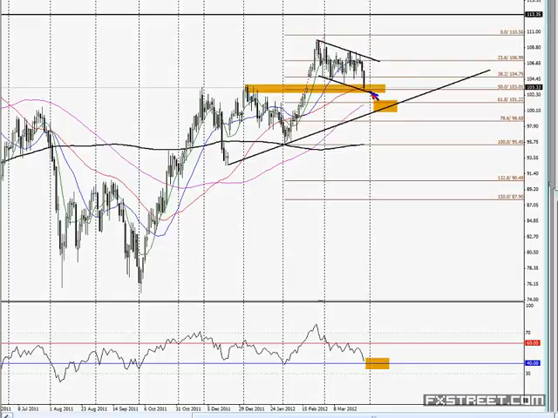So if the oil price is sliding, it means the Canadian dollar is also sliding. It's correlated, right? Oil prices and the Canadian dollar, especially WTI. If WTI slides further below 101, then dollar CAD has some further upside.